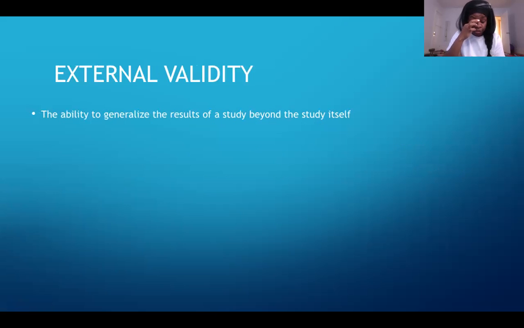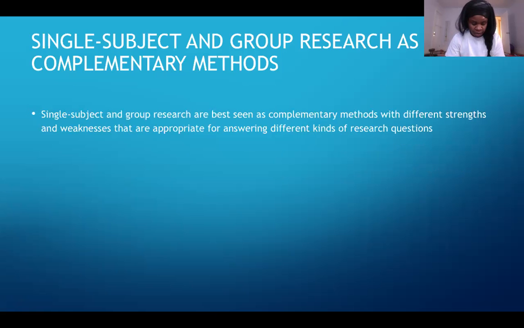Advocates of group research worry that visual inspection is an inadequate method for deciding whether and to what extent treatment has affected a dependent variable. One specific concern is that visual inspection is not sensitive enough to detect weak effects.